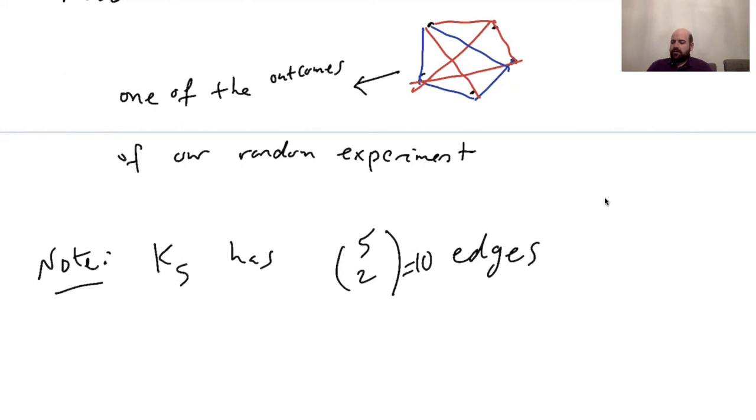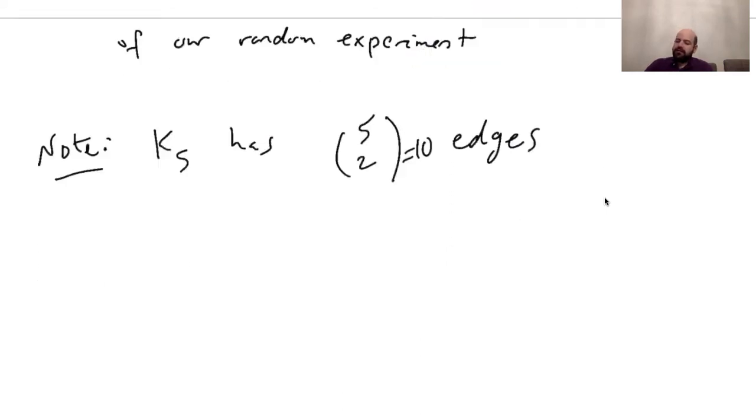Okay, so how many possibilities do we have here? So for example, if I call them edge 1, edge 2, edge 3 to edge 10. So for edge 1, I have 2 possibilities, either red or blue, right?